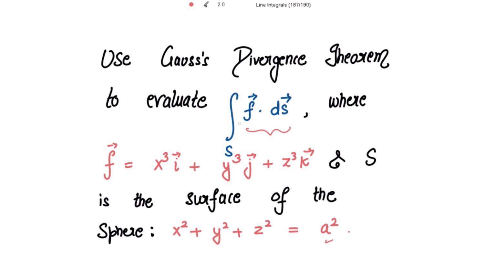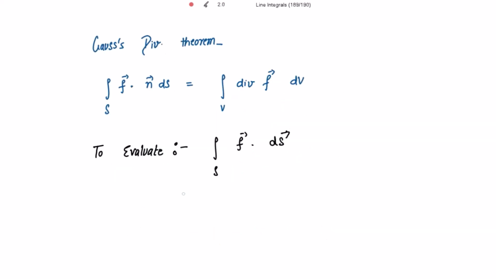So we need to evaluate this surface integral, that is dot product of f vector with ds vector. This is equal to the surface integral of f vector dot product with, for ds vector I am writing n vector multiplied with ds. Now applying Gauss's divergence theorem, this is equal to the volume integral of divergence of f vector, that is del dot f vector dv.